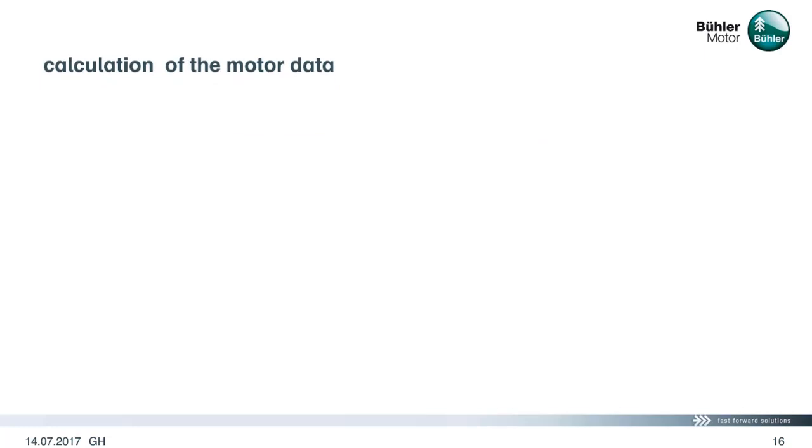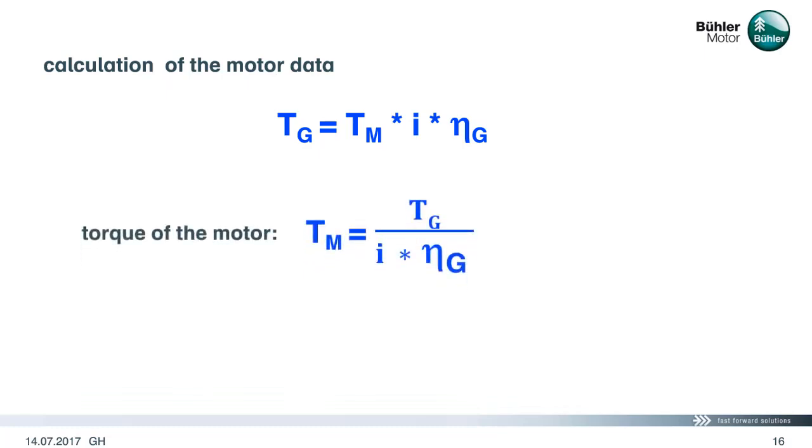To calculate the motor data, we remember the formula T sub g is T sub m multiplied by I multiplied by eta sub g. We can change this to read T sub m is T sub g divided by I divided by eta sub g.